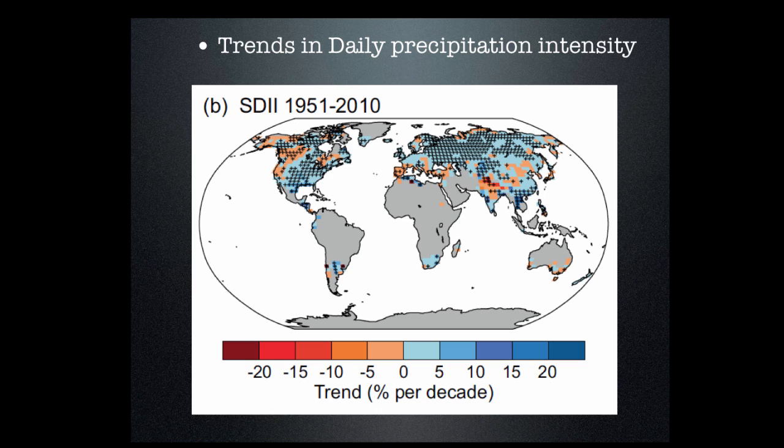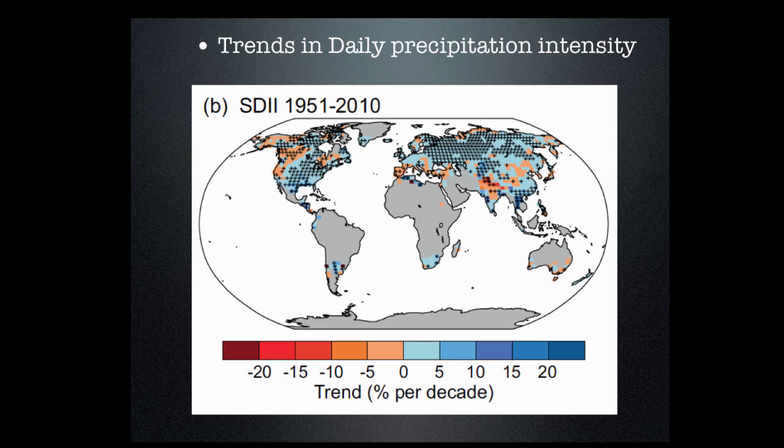I also asked you about extreme precipitation events, and I just wanted to show you spatially. This is the trend in daily precipitation intensity, and where we have blue colors we have an increase in precipitation intensity. So it's not necessarily raining more often, but when it does, it's more intense.